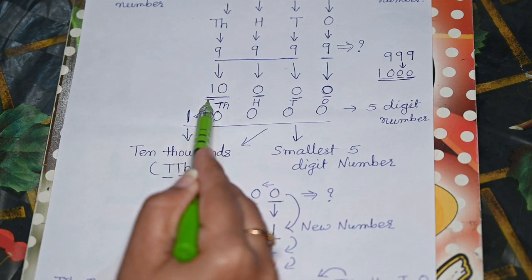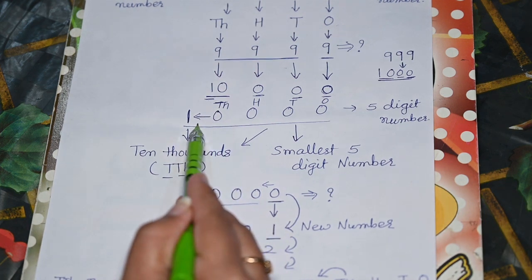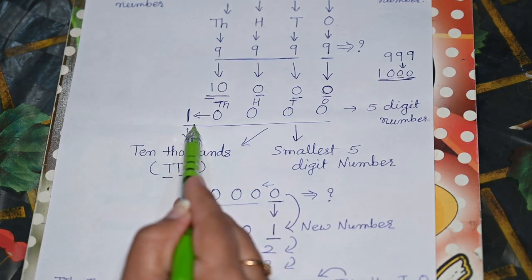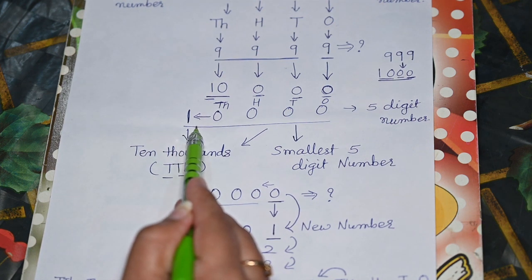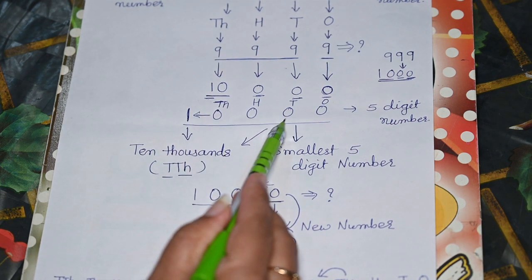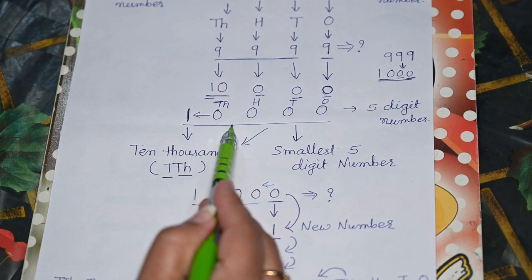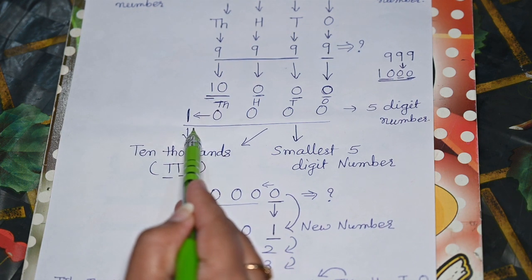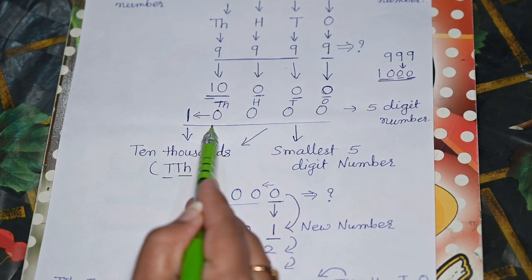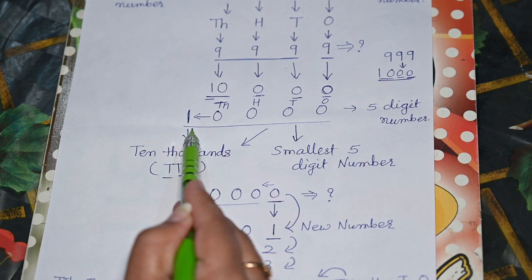This 1 will shift to the left, and this is a new row, or you can say this is the new place for this 1. Now this 1 actually represents 10000, which means 10 in the thousands place, means 10,000. So this 1 represents 10,000.